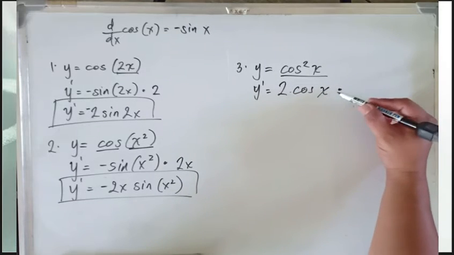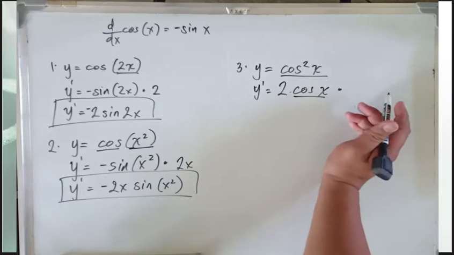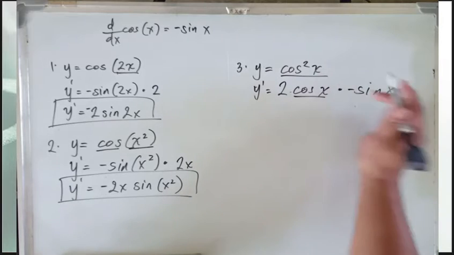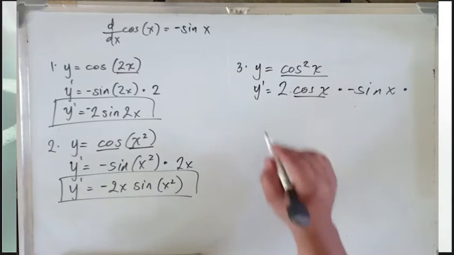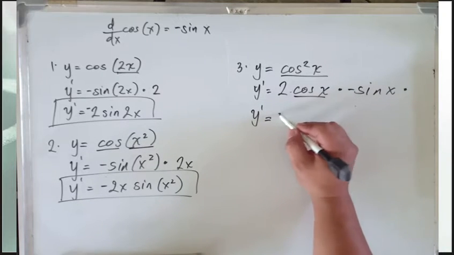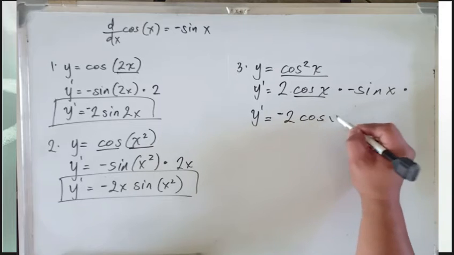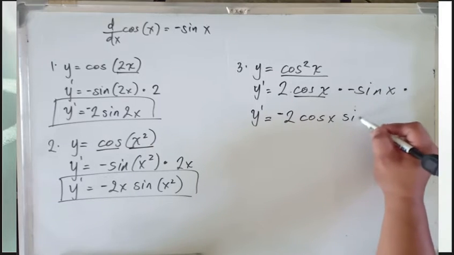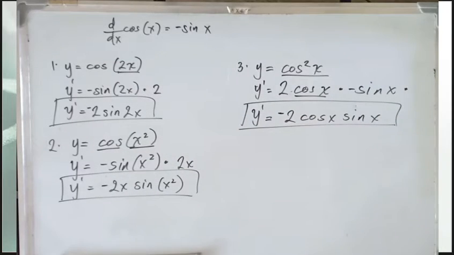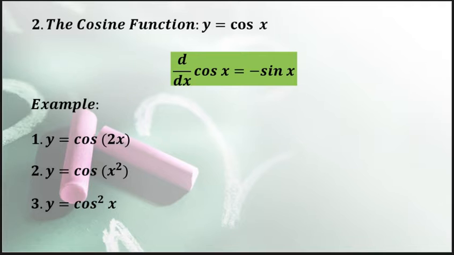So the derivative of cosine is negative sine of x times the derivative of x, which is 1. Y prime is equal to, we have negative 2 there. We have negative cosine of x times the sine of x. So this will be the final answer. So that's how we apply the cosine function in finding its derivative.